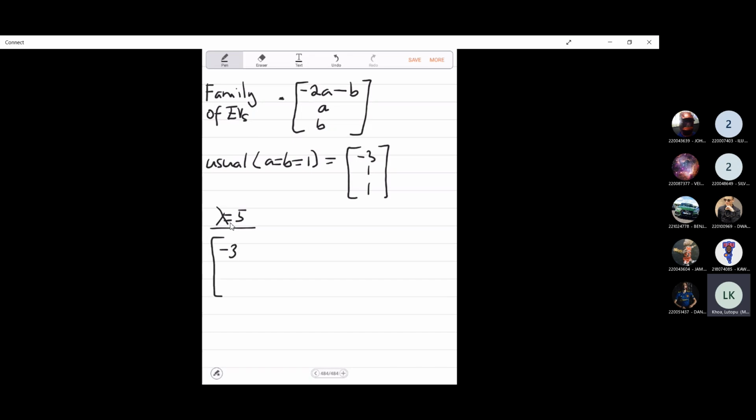And then with the other one, when lambda is equal to 5, the matrix that we have is minus 3, 2, 1, then 1 minus 2 1 0, 1 2 minus 3 and 0 here. So I can say row 2 minus row 1 and then row 3 plus 3 times row 1.